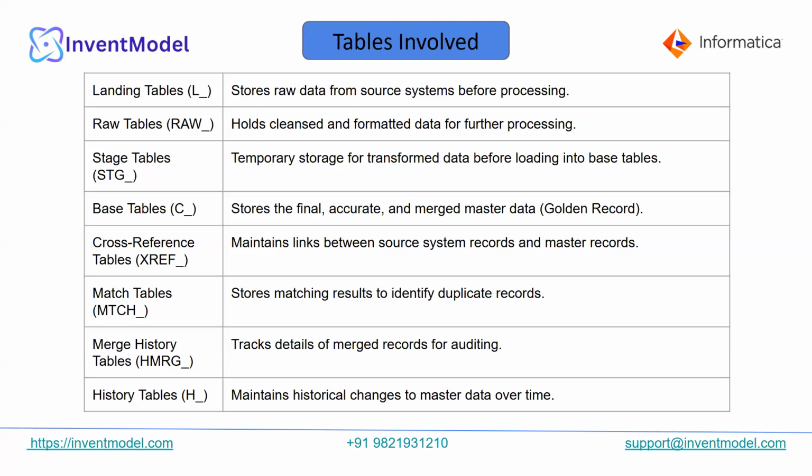The cross reference is a child table of the base object, and it has a direct link from the stage table. If any changes happen in the stage table, this is the table which identifies the changes and then loads data into the base object table.